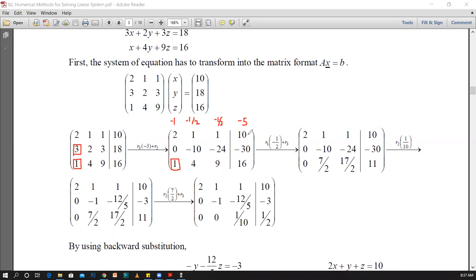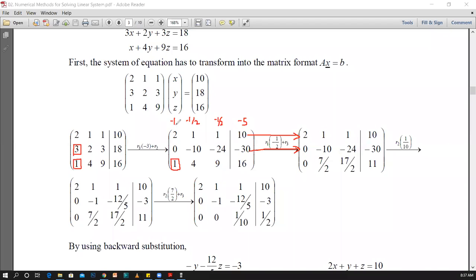Therefore, no change is made to row number 1, no change is made to row number 2, and the only change that we are making is to row number 3. It is because we need to make this place into 0. You have multiplied row number 1 with minus half, and those values are now added to row number 3.